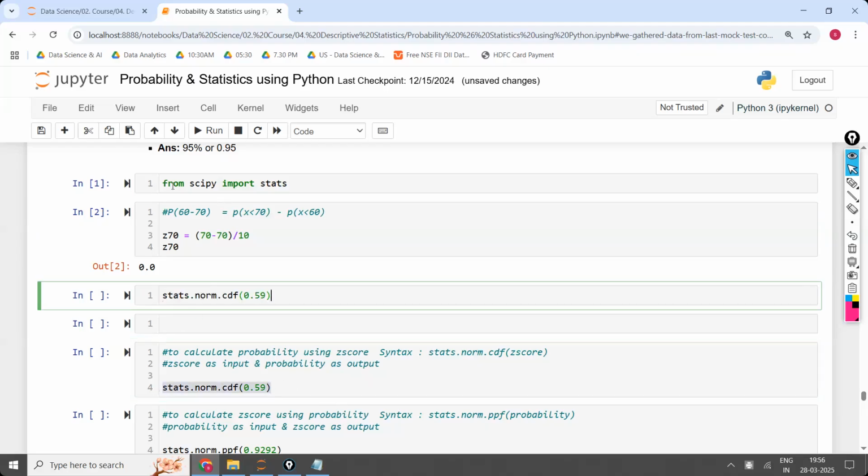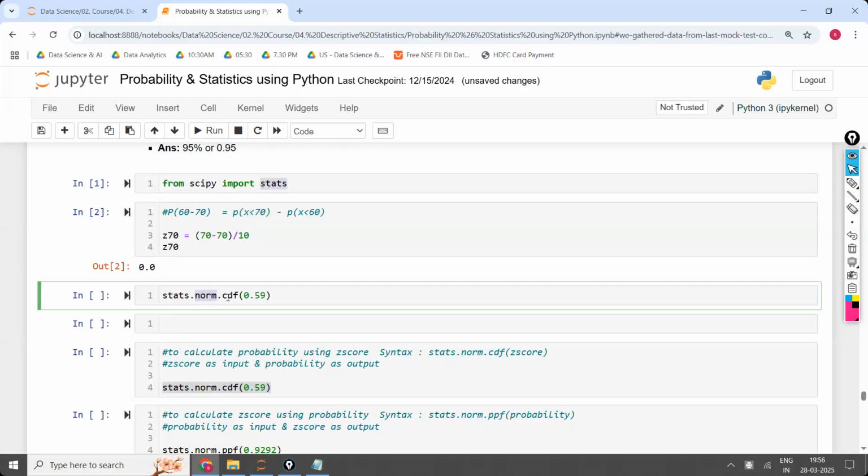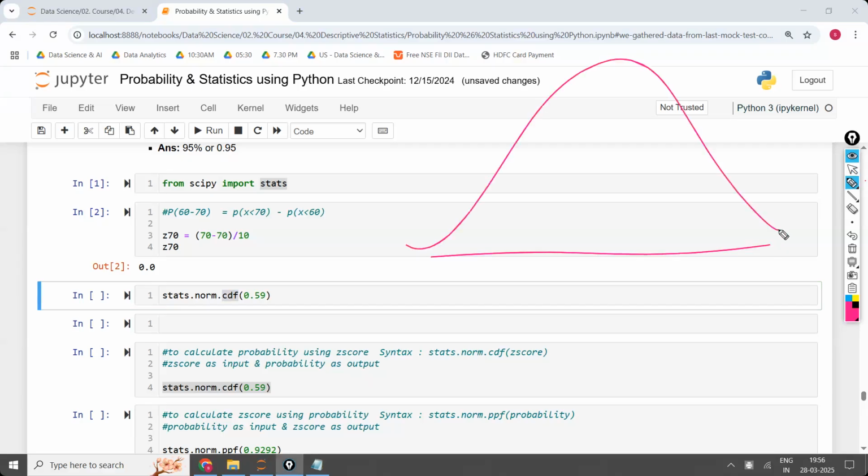Now how am I going to calculate the same thing here? From SciPy, I'm going to import stats. Within stats, norm.cdf. What is meant by CDF? CDF means cumulative density function. What is meant by cumulative? Cumulative probability. See guys, I'm calculating for less than 70.